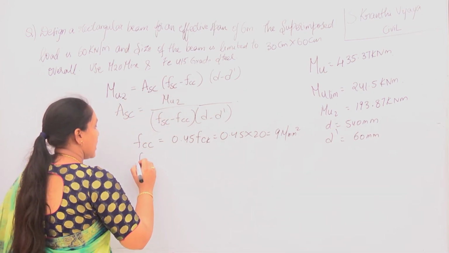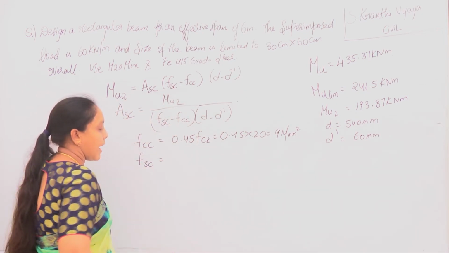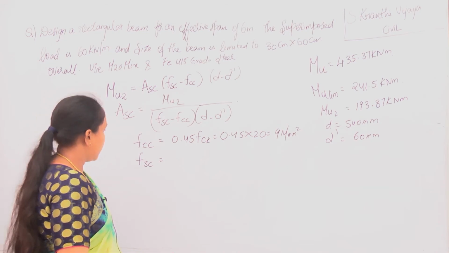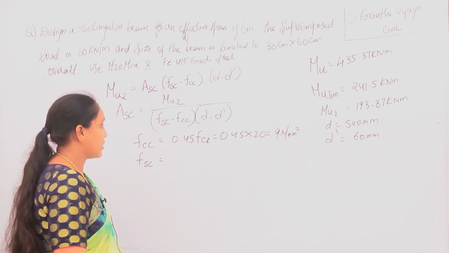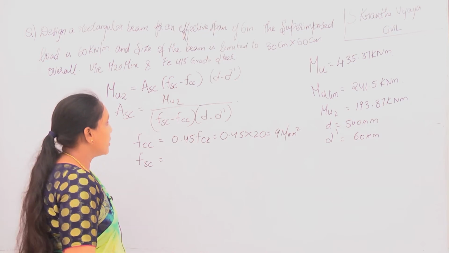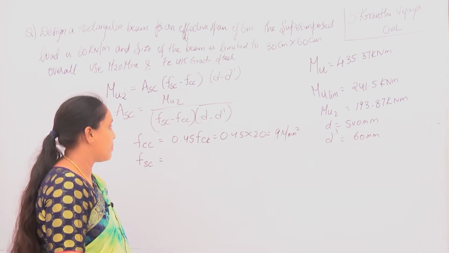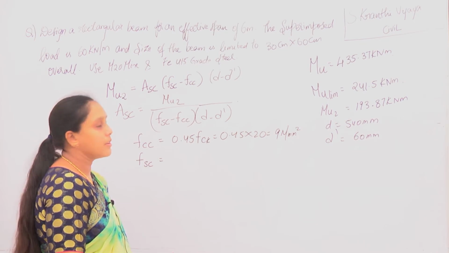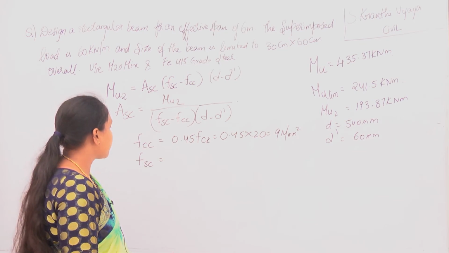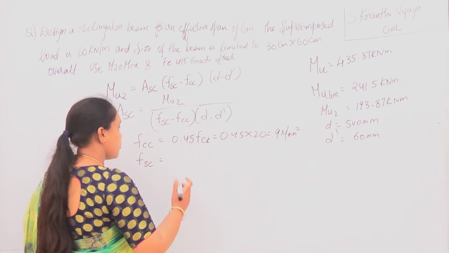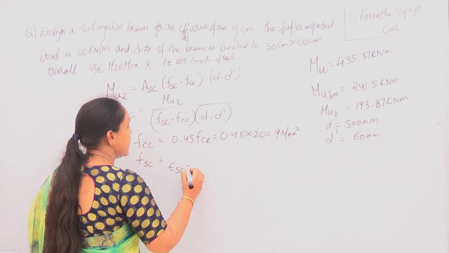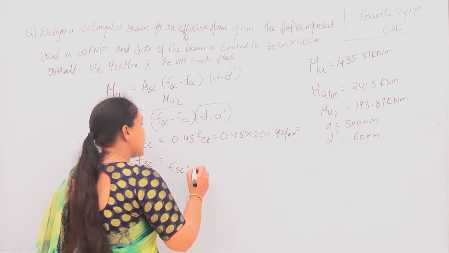Now let us find the value of fsc. For finding fsc, in the previous classes we have already discussed two ways. In one way, you use the stress strain curves for HYSD bars, the stress strain curves for the steel reinforcement. First you have to calculate the strain esc. How will you calculate it?